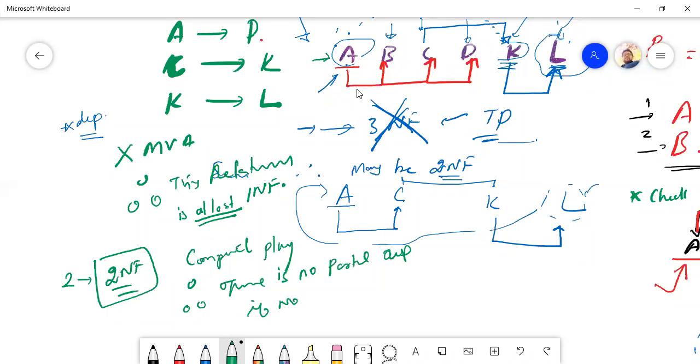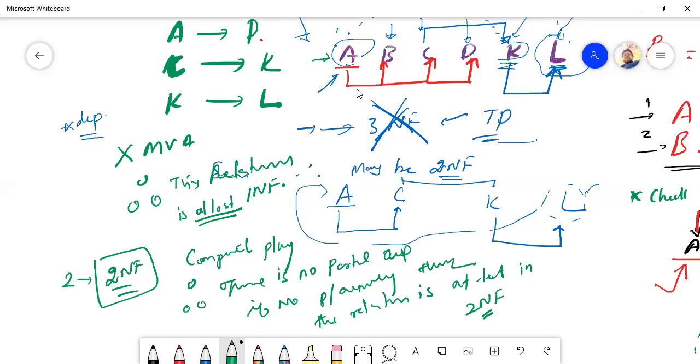If there is no partial dependency, then the relation is at least in second normal form. So now we know this relation is in second normal form.